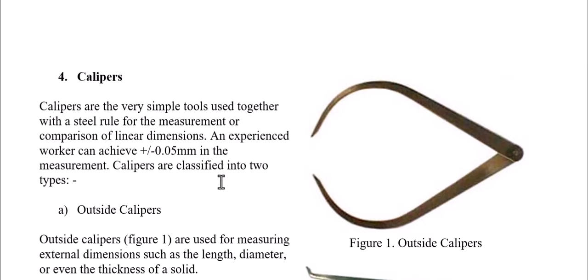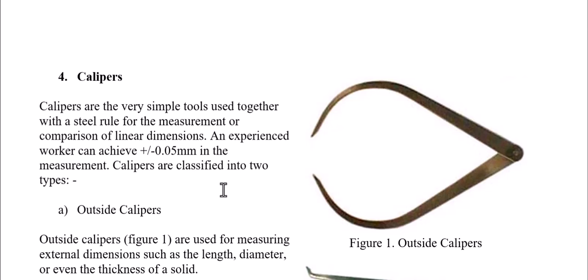Then we have some calipers. These are simple tools that are used to measure either the inside diameters or the outside diameters, but they are not used by themselves. They are not standalone devices.